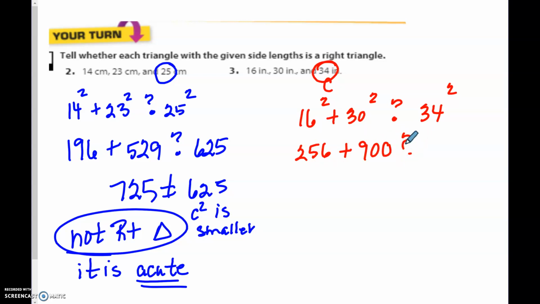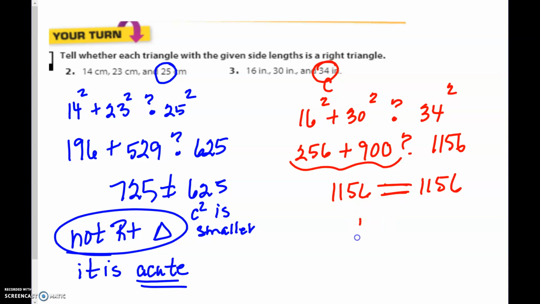How does that compare to 34 squared, which is 1156? When we add these two together, it's 1156 equals 1156. And remember, if they equal each other, this is a right triangle.